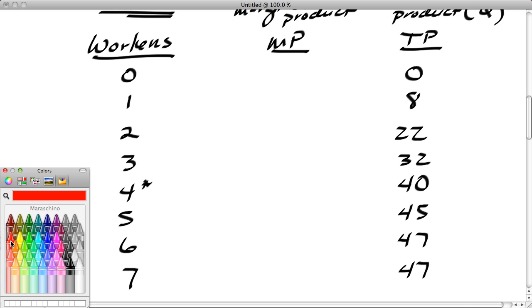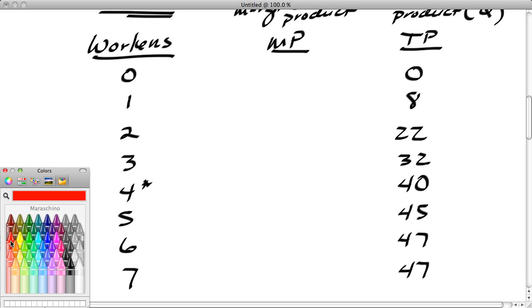If workers are of different quality, then essentially we can't compare the product of one worker with another worker, which means we essentially can't calculate cost, at least very easily. Okay? So every worker is of equal quality. Now let me say one more thing.